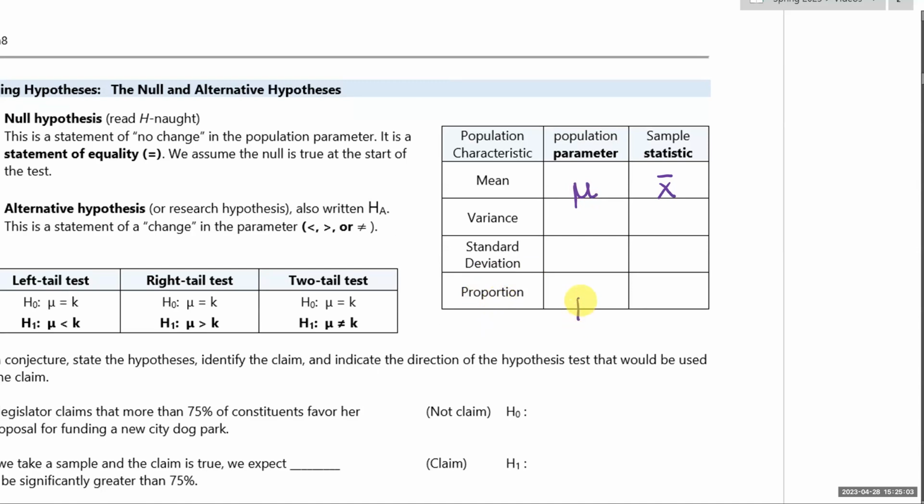So lowercase p, population proportion, and we used p hat, the sample proportion, as our sample statistic to determine a conclusion about our population. All right, and then symbols here. So population standard deviation, the sample statistic is S, sample standard deviation, and variance, population variance sigma squared, sample variance S squared. So just a review of the symbols that we've been using.